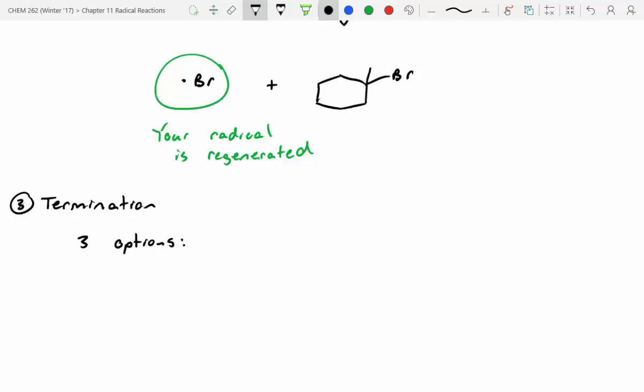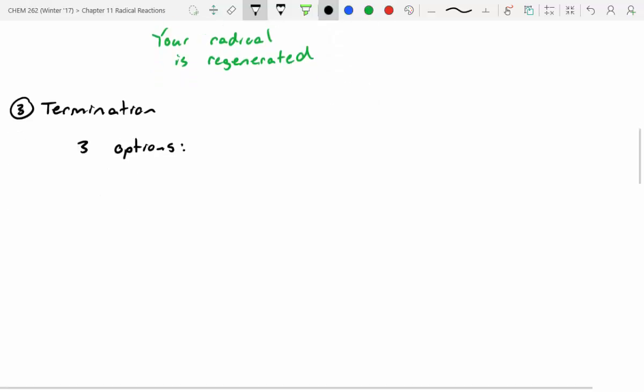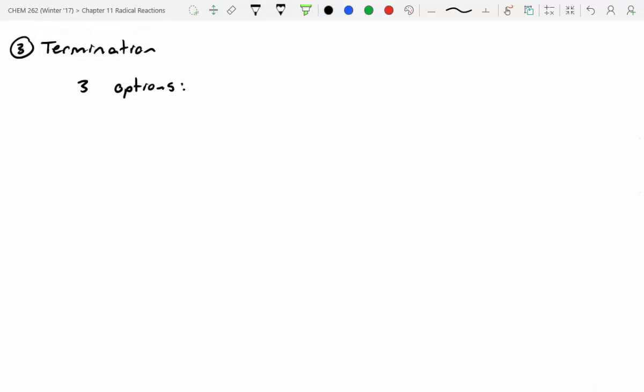The first one is pretty straightforward. It involves a coupling of two halogens. So let's say we've got two bromine radicals that ran out of methyl cyclohexane to react with. All they'll do is couple together and reform bromine.